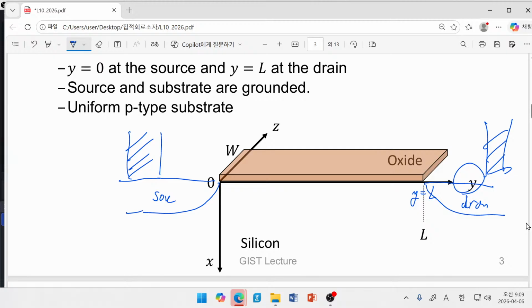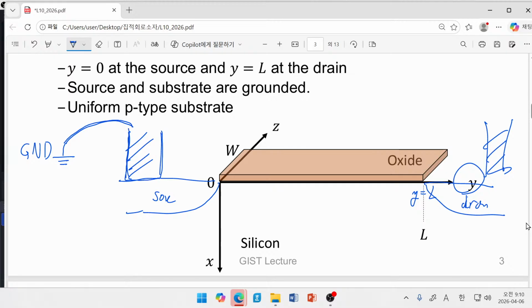In the source part, of course, we have a certain external circuitry which is eventually connected to the ground. So that is ground, and we have many layers of metal line, but eventually that is connected to this ground, and here we have metal.